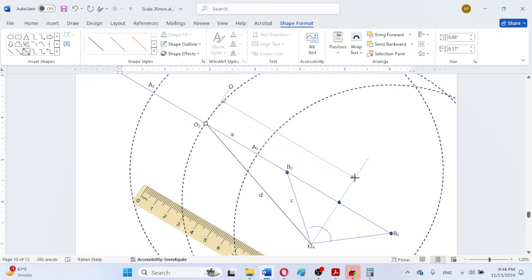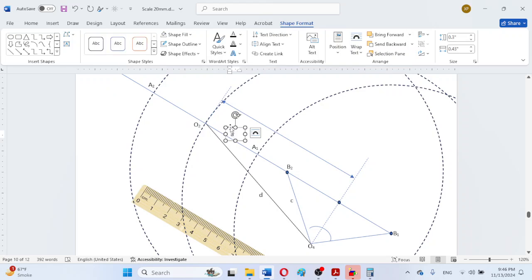Like this, for example, this distance is actually the length of B, which is actually the connecting rod. So just copy this label and paste it here, and move it here, that this is equal to B.